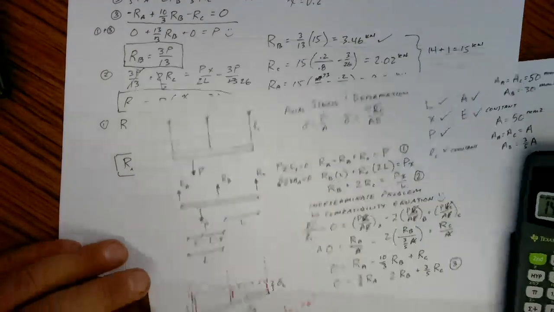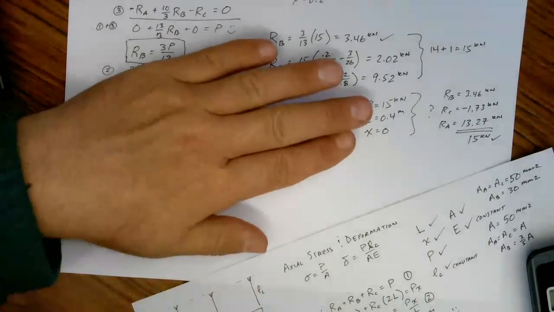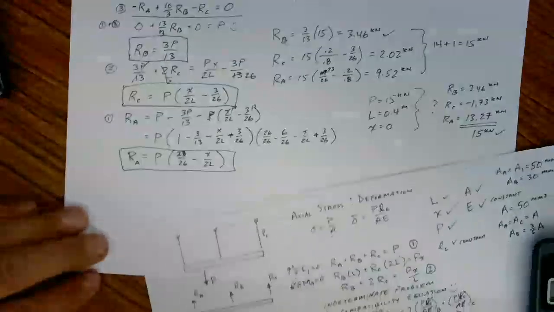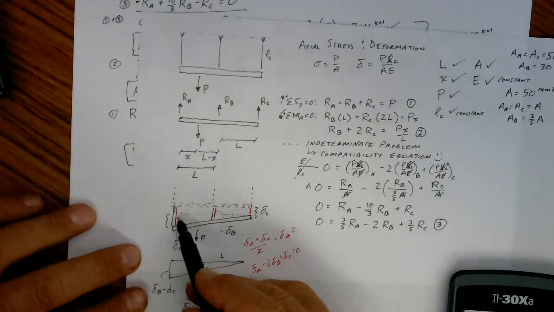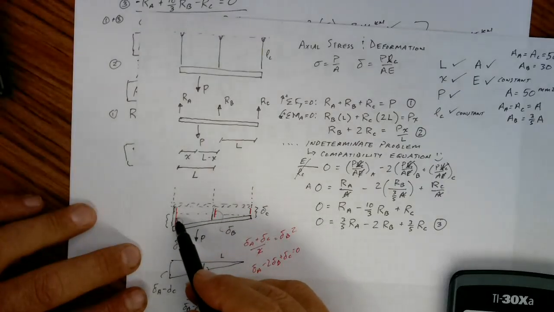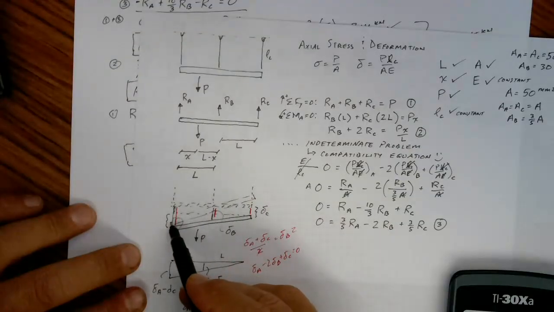We always want to check. Had we solved it only numerically, we might get these answers and not be able to come back and look at it. The deformation for this one is going to look more like this here.